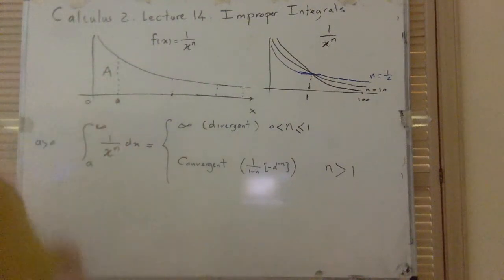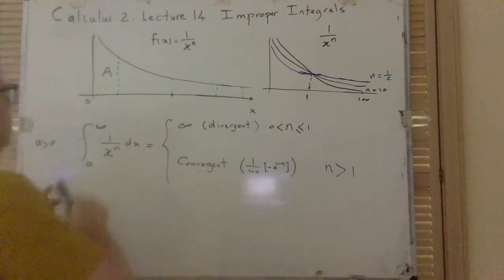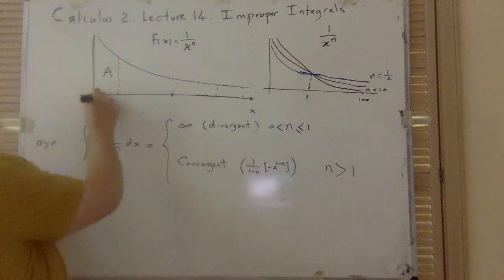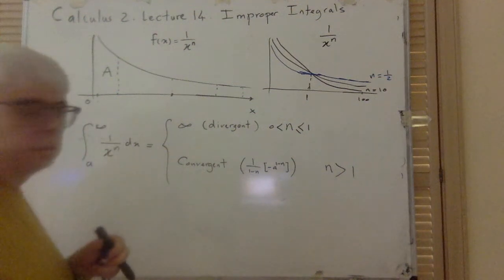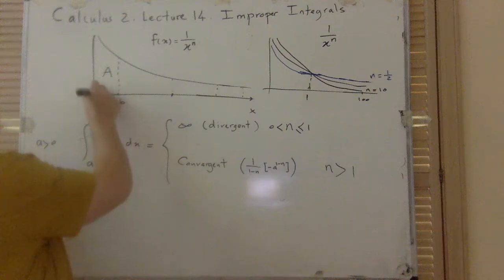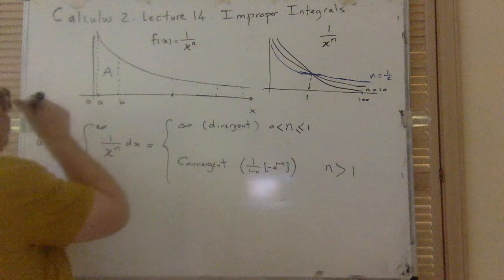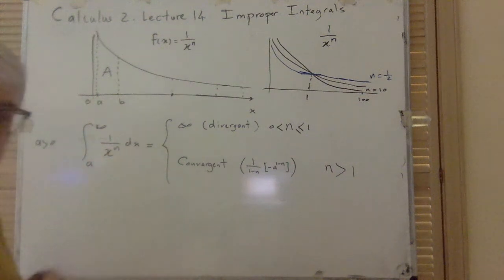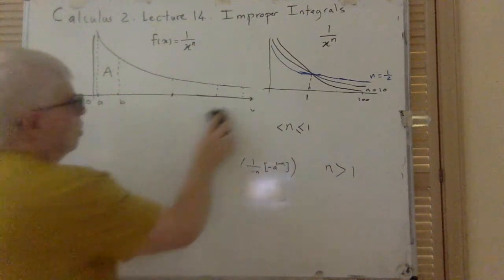So let's say this goes from A to B. Let's put it A because A is to the left. So from A to some point B, and A is close to 0. So I'm finding this area. Let's find this area and see what we get.